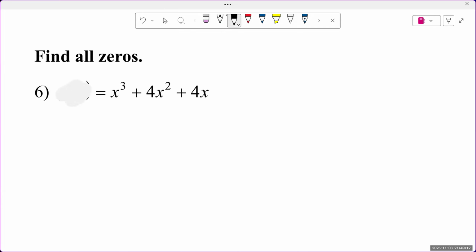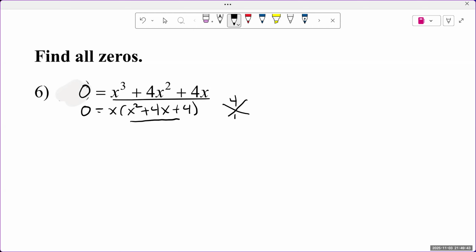Okay, find all zeros. We're going to put a 0 here. So this one looks like it's factorable. And I can't do quadratic formula on a cubic. It is for quadratics. So step 1, GCF, factor out the x. Okay, let's see if we can factor this quadratic. Are there two numbers that multiply to get 4 and add to get 4?